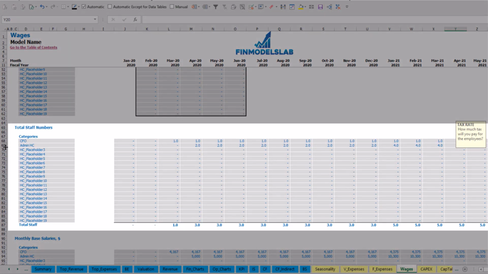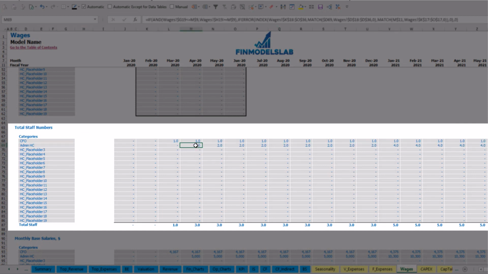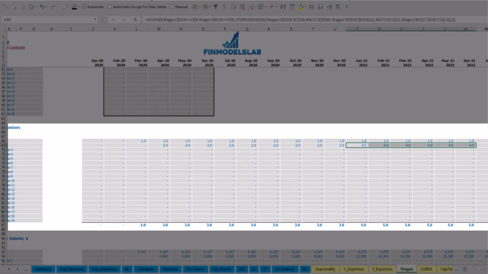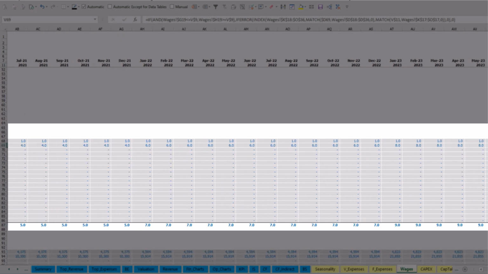So in here you may see total staff numbers, which is 2 for the year number 1, 2020. Starting from year 2021, we'll have 4, then 6, 8, and 10 in the last year of the model.